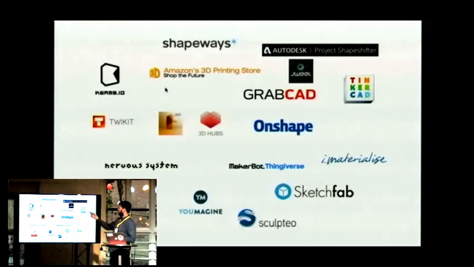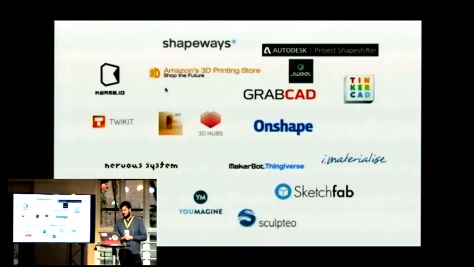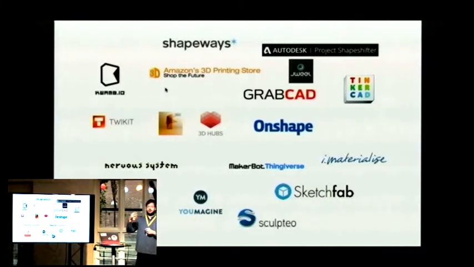Then you got Tinkercad, which is a CAD program made for people who don't know CAD. You can open up this browser interface and you can add a box and you can decide the shape. It's a bit like SketchUp, very simple.